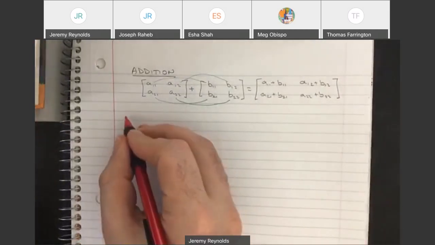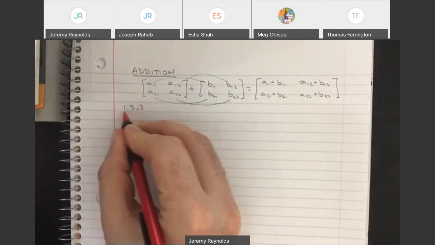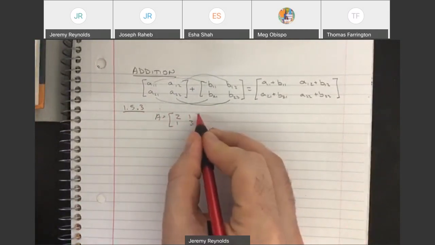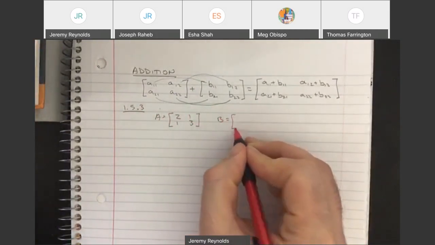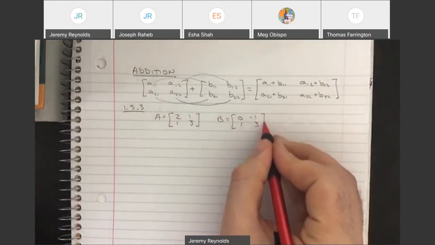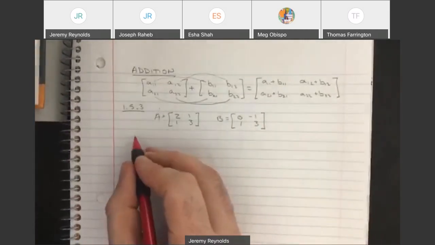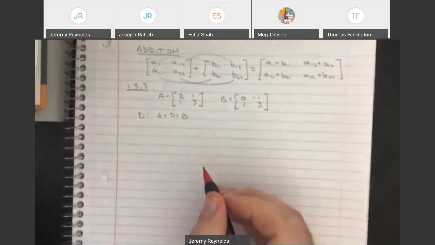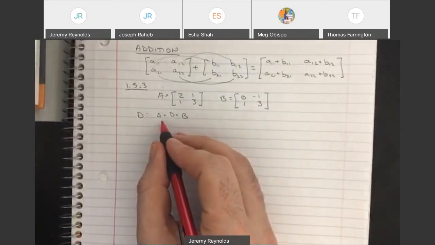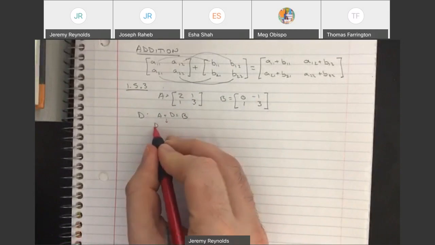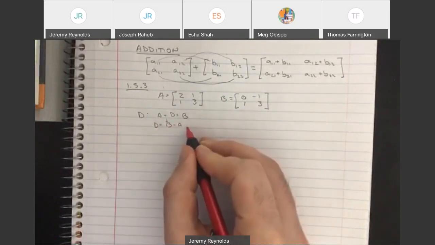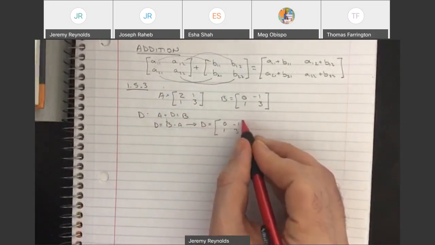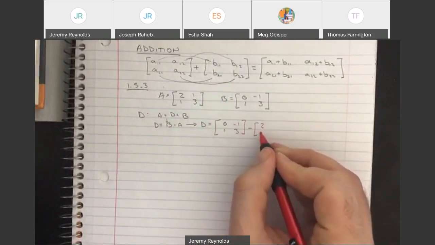Okay, so let's just do a quick example. 1.5.3. If we have A equals 2, 1, 1, 3, and B equals 0, 1, negative 1, 3, then let's find D such that A plus D equals B. Just like with normal addition, we can rewrite this as D equals B minus A. So D equals 0, 1, negative 1, 3, minus 2, 1, 1, 3.